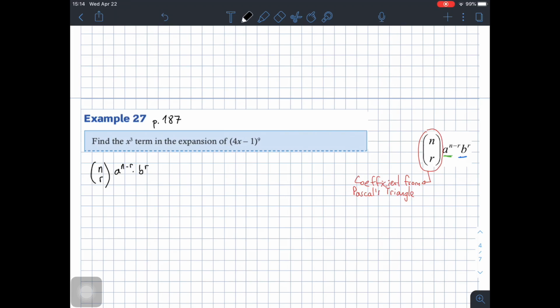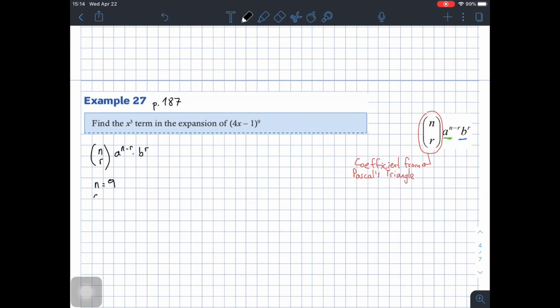So let's identify our data. Do we have n? Yes, we have n, which is 9. So n equals 9. Then a in this case would be 4x, the first term, and b is -1, which is the second term, okay?